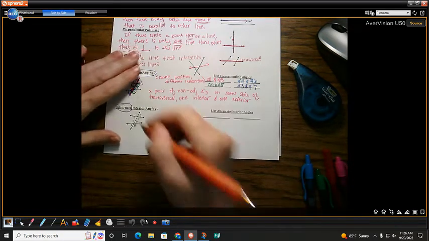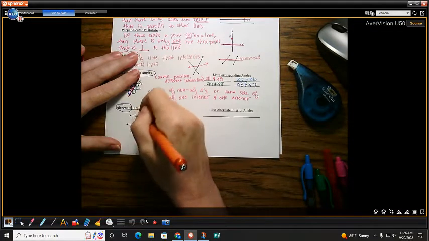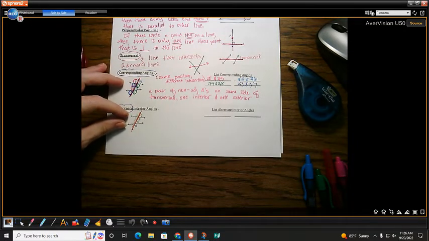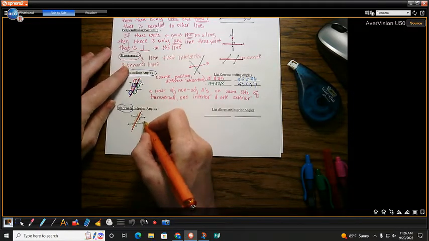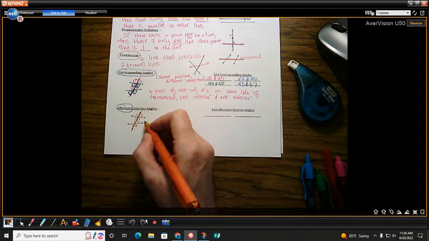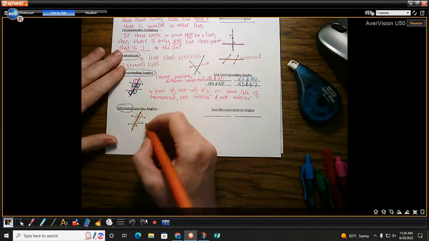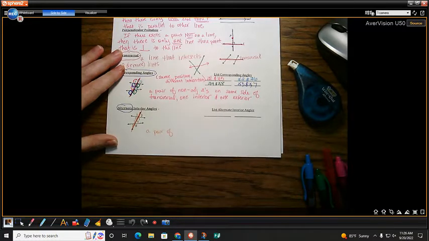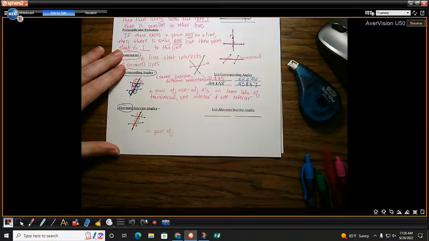Okay? So if this is my transversal, and these are my pair that I'm transversing, how would you describe alternate interior angles? It's a pair of something. A pair of what, do you think?